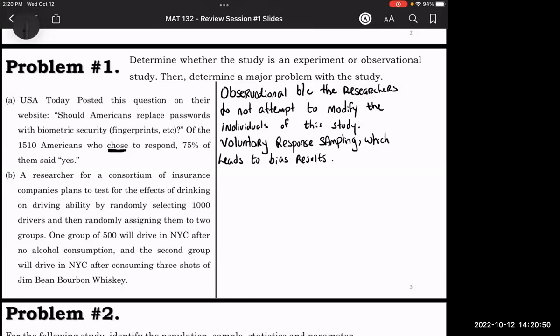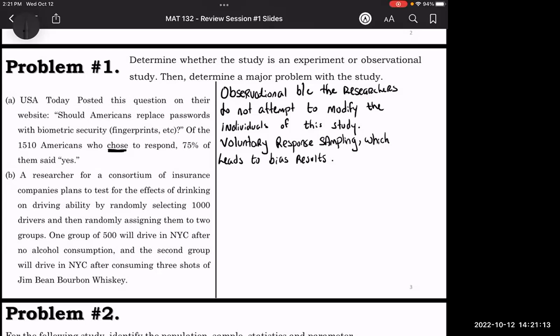So there are specific names for those groups, right? The group that's drinking the alcohol, is that going to be the control or no? The 500 will be the control, and the other one will be the modified group. Well, there's another way of saying it.